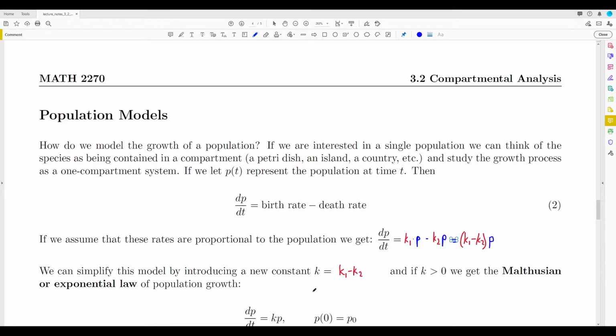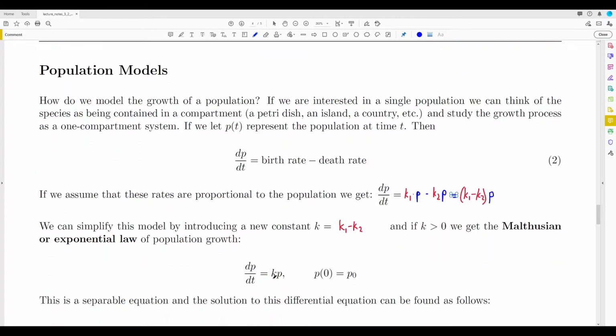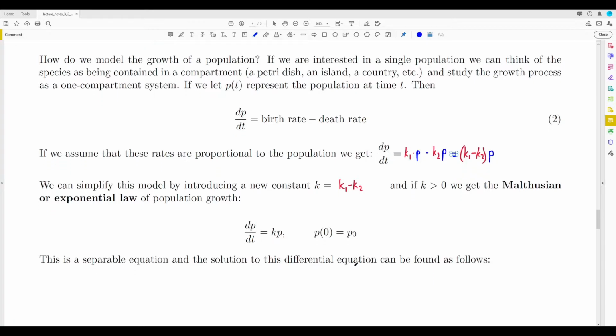By factoring out the P. And so we replace this by k, a new constant, and we get the Malthusian or exponential law of population growth. dP/dt equals k times P, where P of 0 is P naught, the starting population.